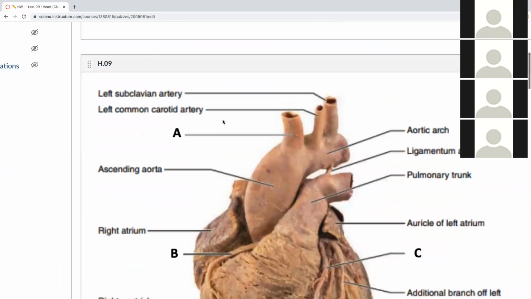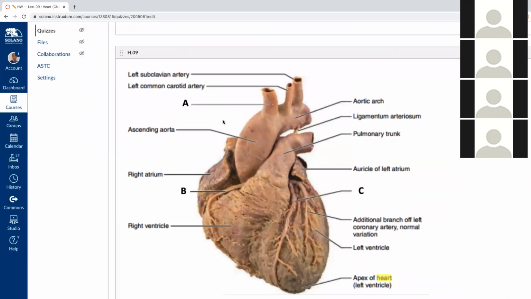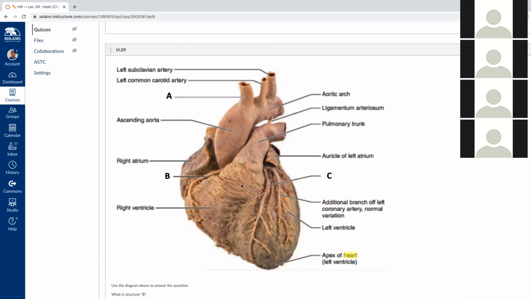I believe you all know this diagram. The heart, the right atrium makes the right border of the heart. Right ventricle makes the anterior surface of the heart, and left ventricle makes the apex portion of the heart and inferior surface of the heart.